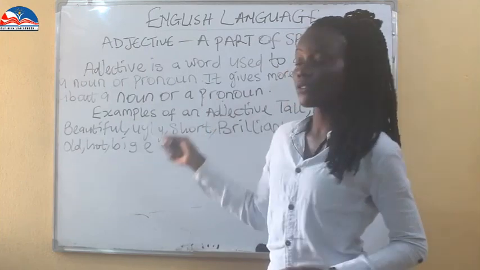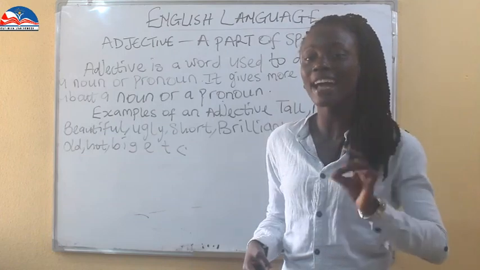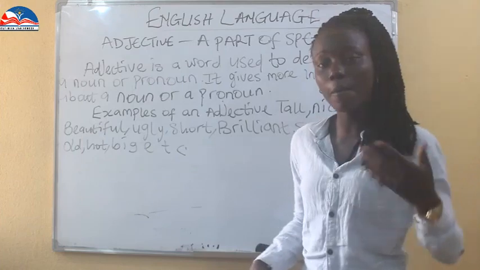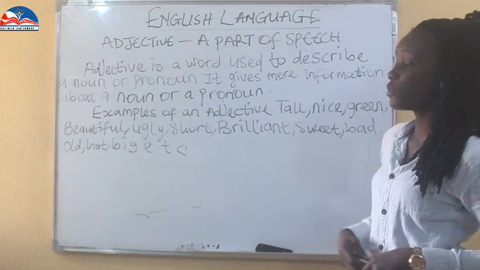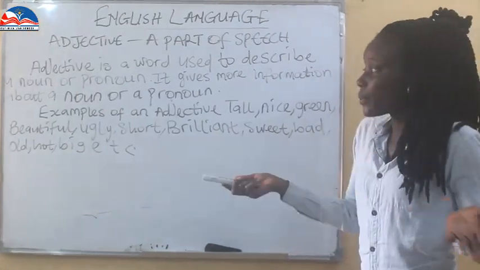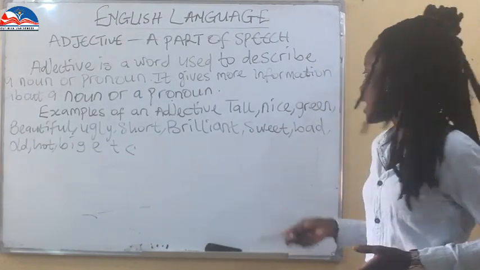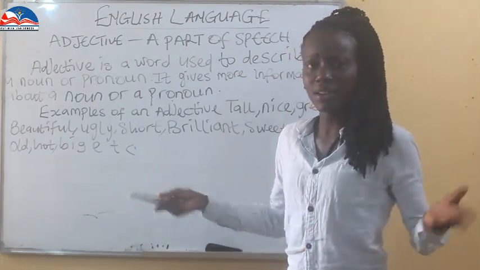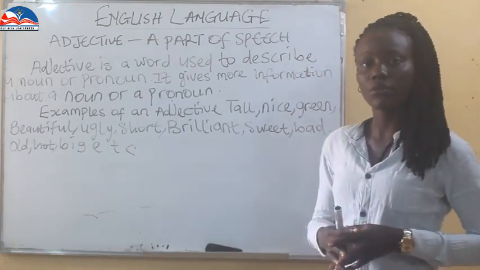Now, adjective is a word that is used to qualify, describe, or modify a pronoun or a noun. So, adjective gives us more meaning on noun and pronoun. We have examples of adjective: tall, nice, green, beautiful, ugly, short, brilliant, sweet, bad, old, hot, and big, etc. We have lots more, but today we'll just focus on a few.